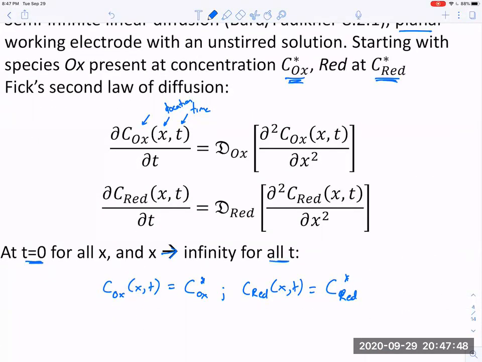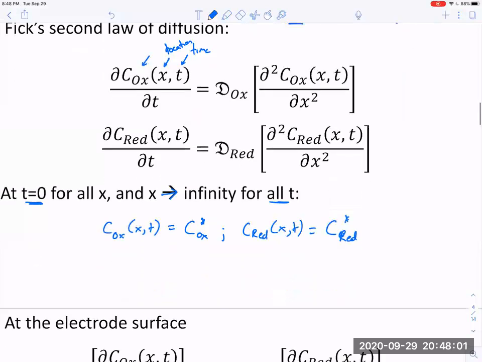So if we're running this for a very long time, as long as we're far enough away from the electrode, the concentration of the oxidized and reduced species will be the bulk starting concentration of the species.